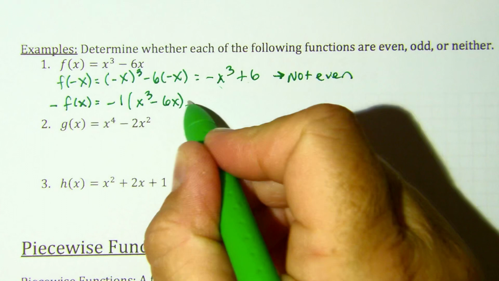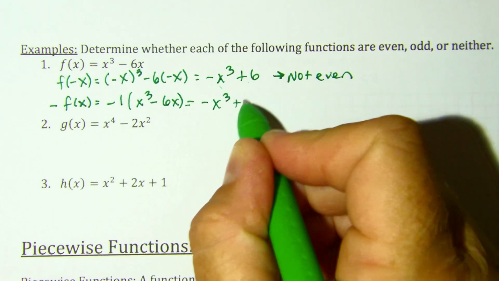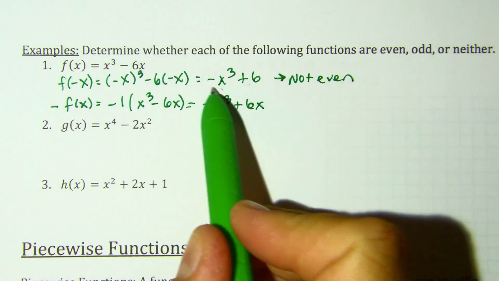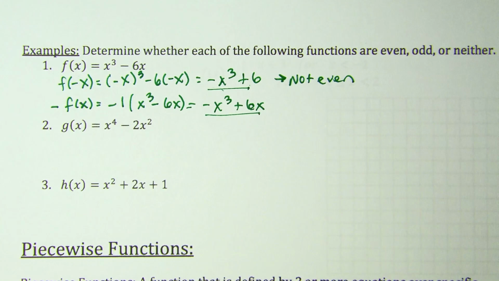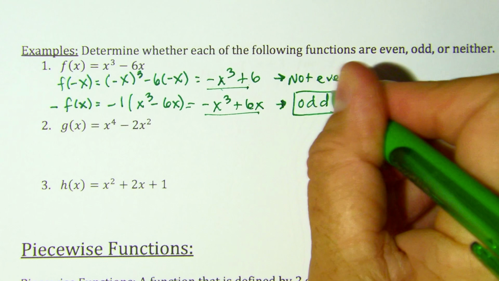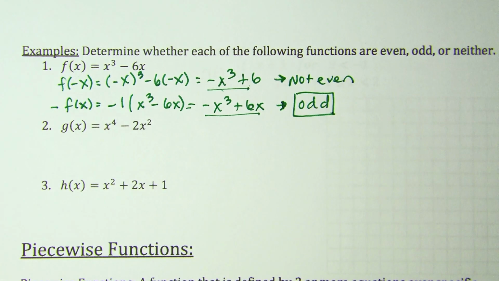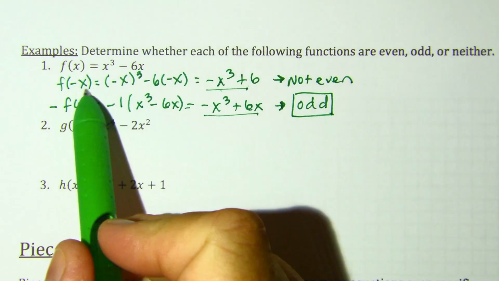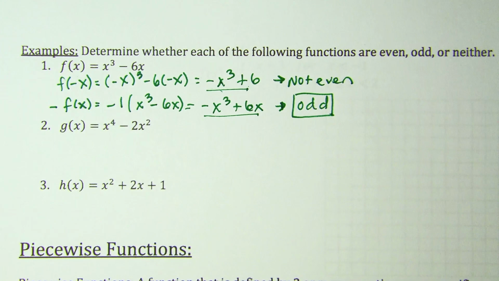Well, -1 times all of this gives me negative x cubed plus 6x. And if these two are equal, then that means it's odd, as long as f of negative x and negative f of x are equal.